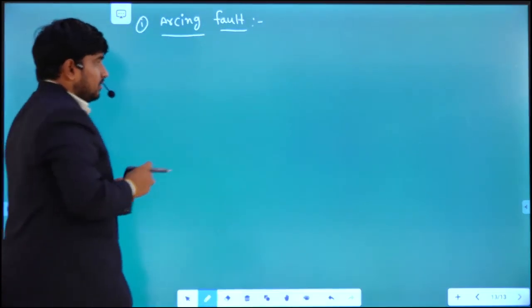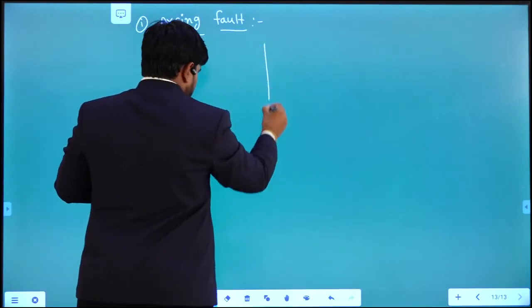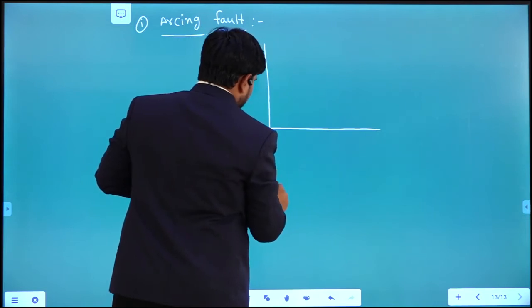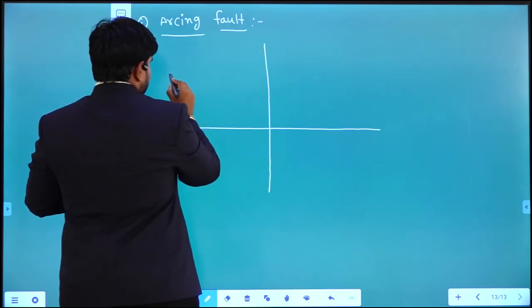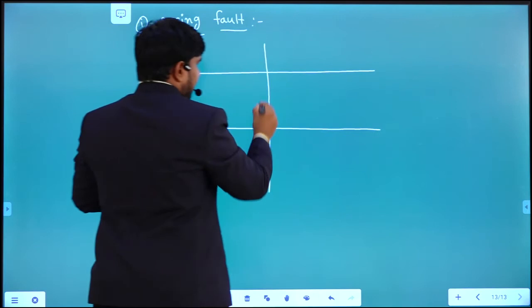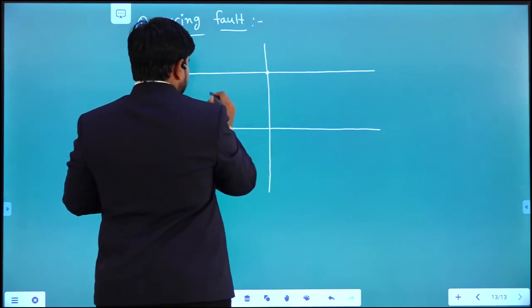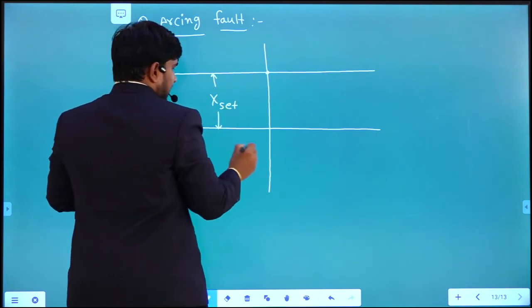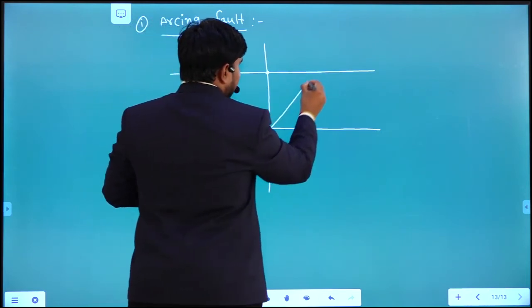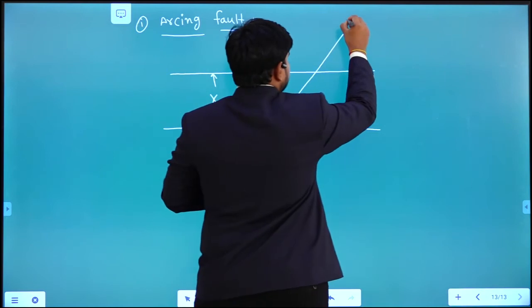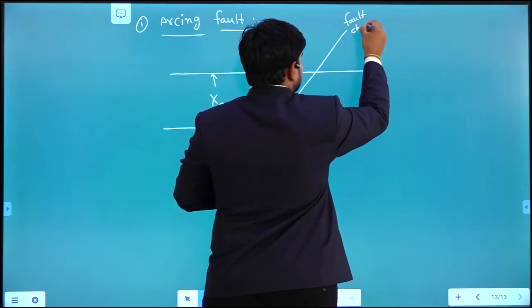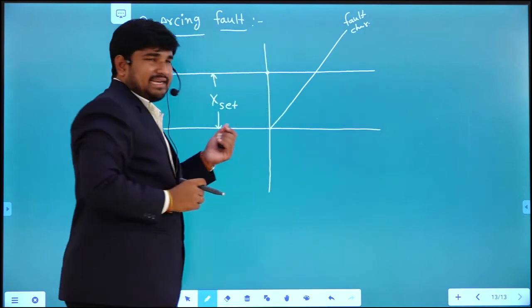Let us take this impedance graph. This is the characteristics of the reactance relay, right? This is the X set value, and this is the fault characteristics.